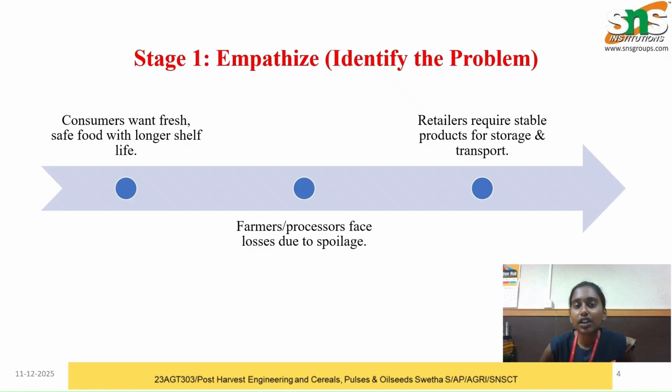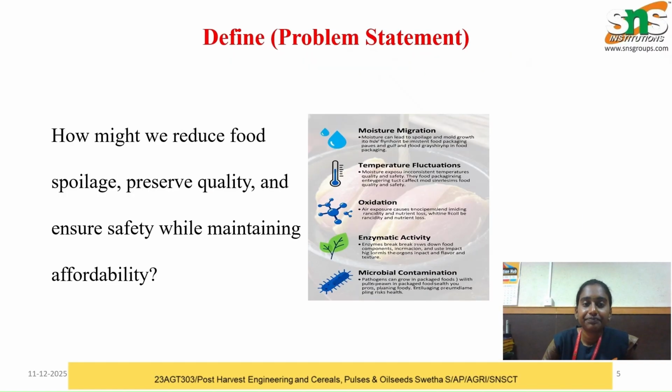Consumers ultimately need quality and a balanced diet for their body, and retailers require stable products for storage and transport. Farmers and processors face many problems. If they don't have proper storage, they may face many losses due to spoilage from microbes and other causes. Many environmental factors are also there.